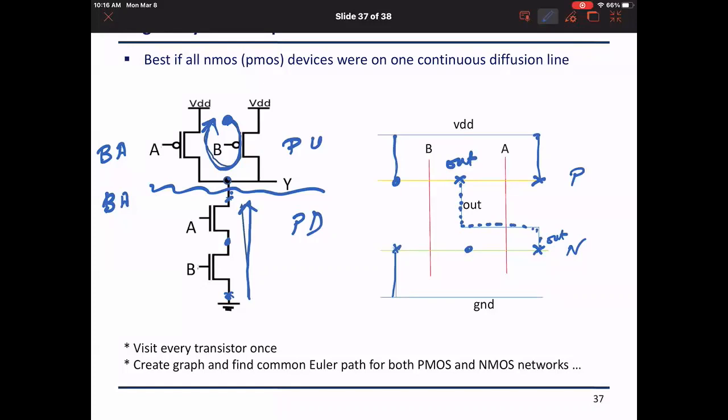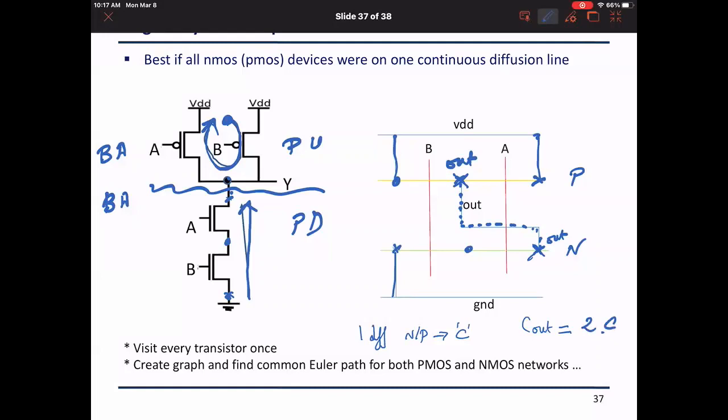If we ask you what is the capacitance at the output node, so what is C at node out? If we tell you that one diffusion for N or P has a capacitance C, then how many diffusions is out connected to? Can we count them? One in the PMOS and one in the NMOS, so it is 2, right?